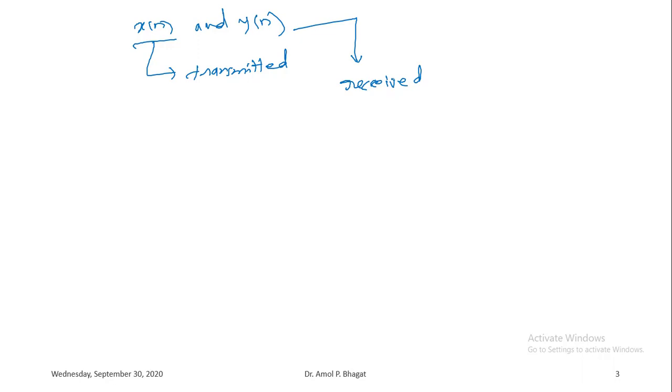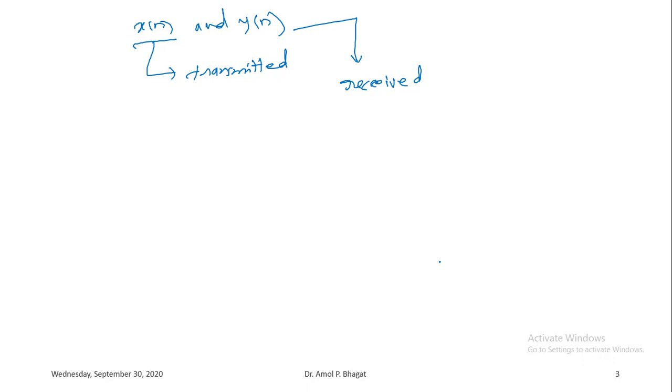So basically there are two signals, the transmitted signal and the received signal. If a target is present in the space being searched by the radar or sonar, the received signal often consists of a delayed version of the transmitted signal, that is x of n.